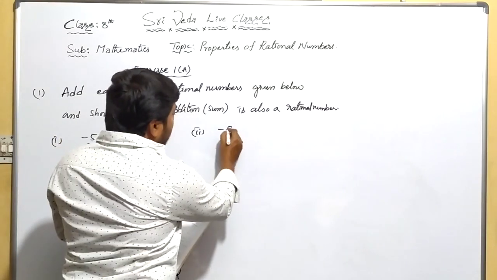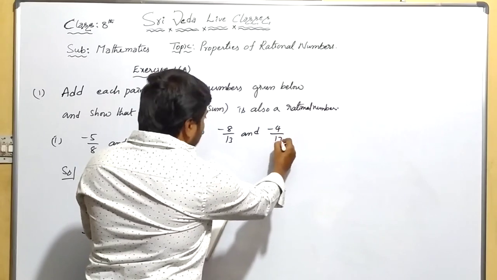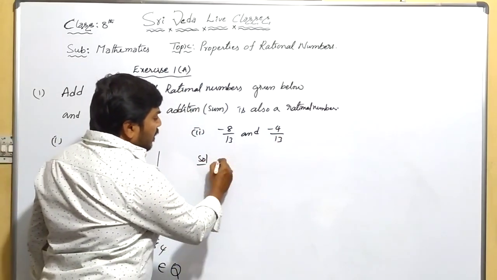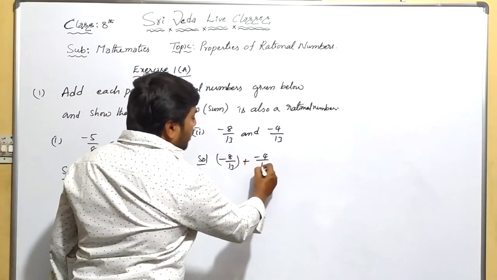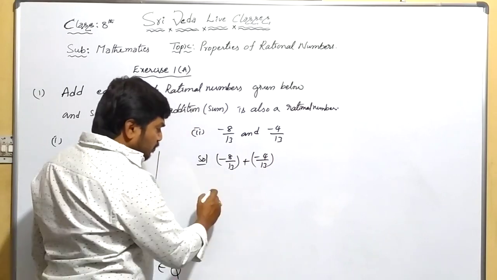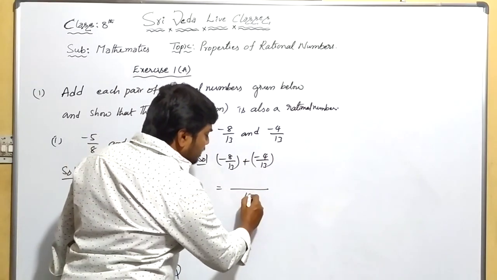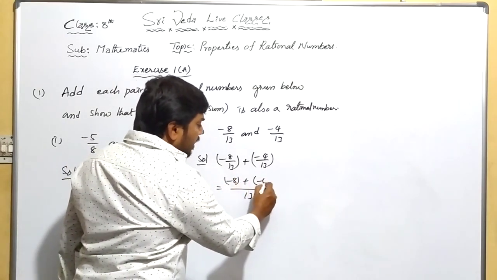In the same way, the second one: minus 8 by 13 and minus 4 by 13. Solution: minus 8 by 13 plus minus 4 by 13. Observe this: the LCM is 13. So minus 8 plus minus 4.